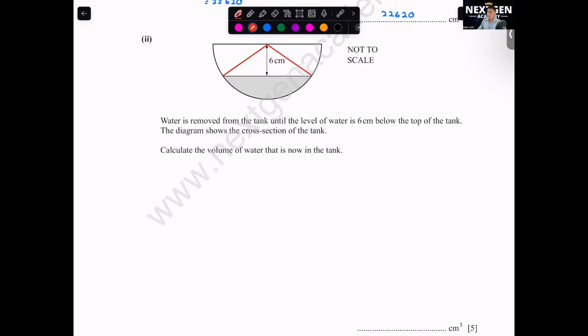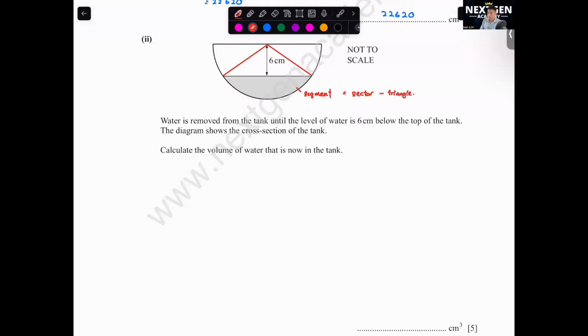Okay, so I want to find the area of this, because you see here, this part here is a segment. So I'm going to take sector minus triangle, not segment.